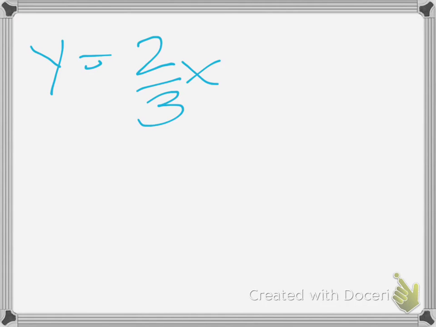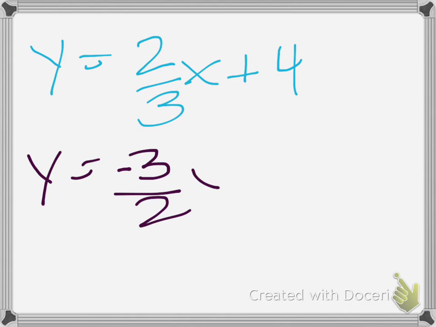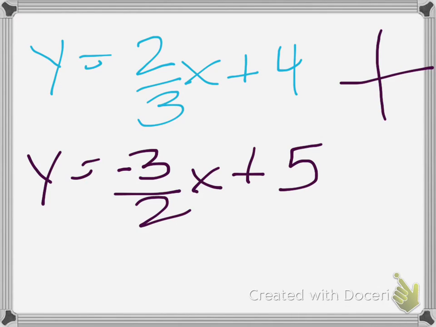Okay? Let's keep going with slope intercept form. Let's get this one: y equals 2 over 3x plus 4. And let me get another one: y equals negative 3 over 2x plus 5. These two lines here are perpendicular. That means they cross each other at a 90-degree angle.